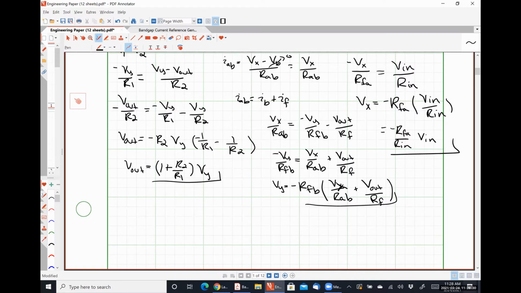And so Vy equals negative RFB times Vx over RAB plus V out over RF. And so we have Vx, right? Vx is right here. And so we'll plug that in: negative RFA over Rn Vn all over RAB.